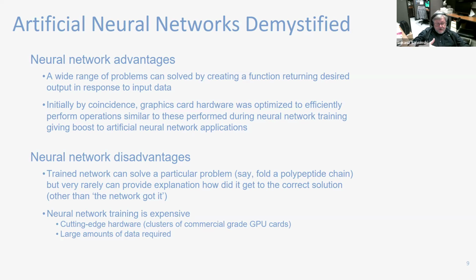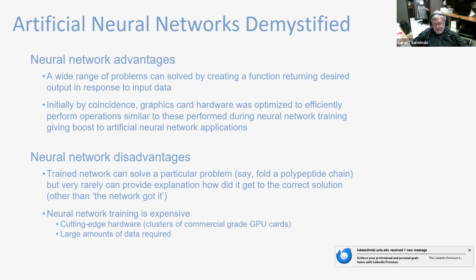Now, the bad part of the neural nets is that they do provide you a result, but they don't explain how you got the result. So in a sense, they are sort of a black box. You put your sequence in, you're getting the result out in terms of structure, but the network is not gonna tell you why the structure looks like that.